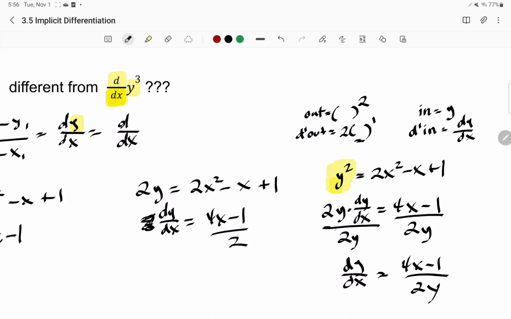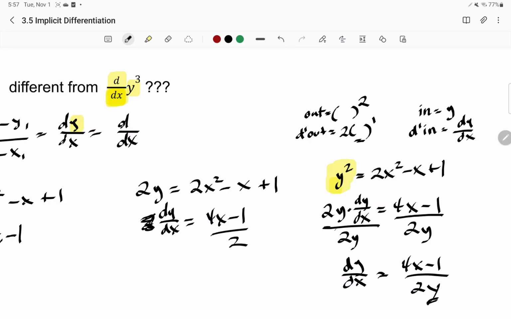Now, it might seem funny because we have it in terms of y, but that is just fine because when we're asked to find the slope, they usually give us the point where they want us to find the slope, and we would just use the y coordinate to plug in right there for y.